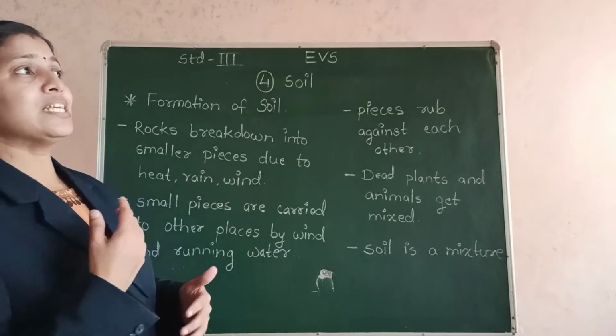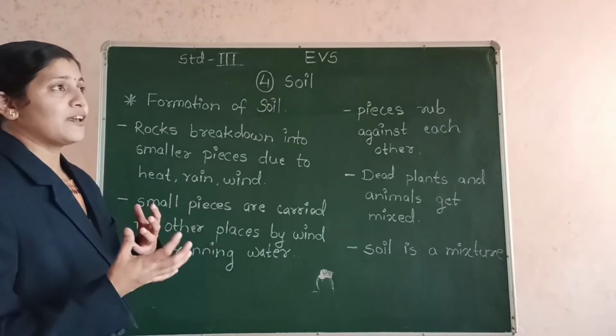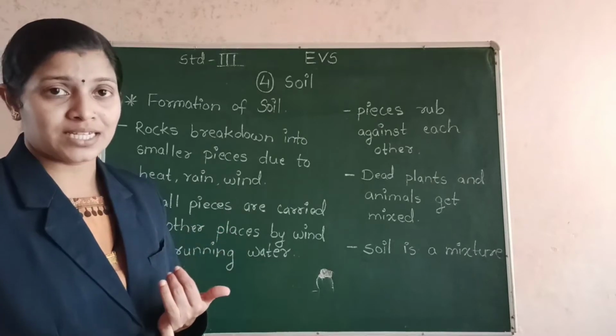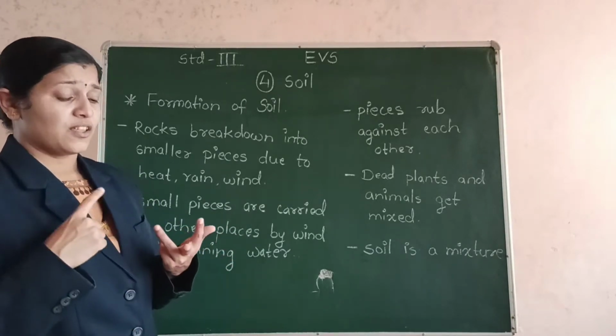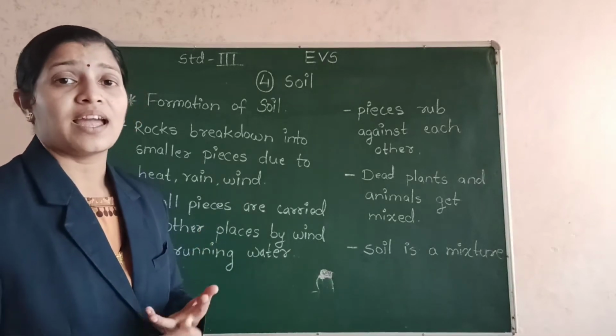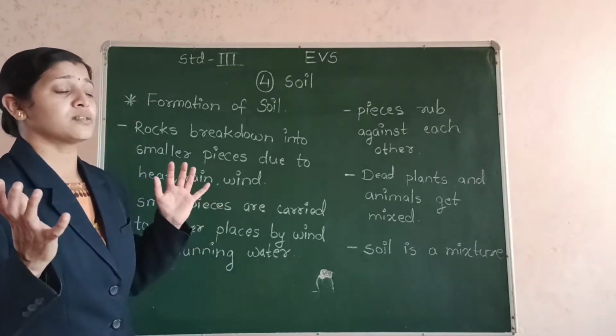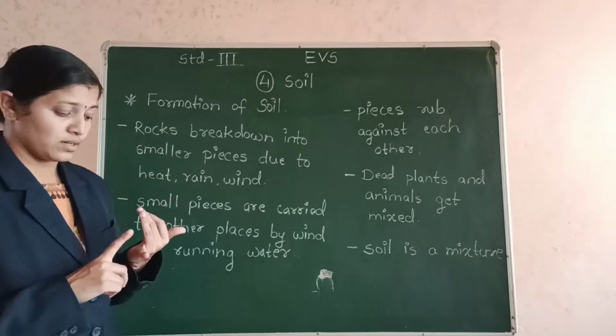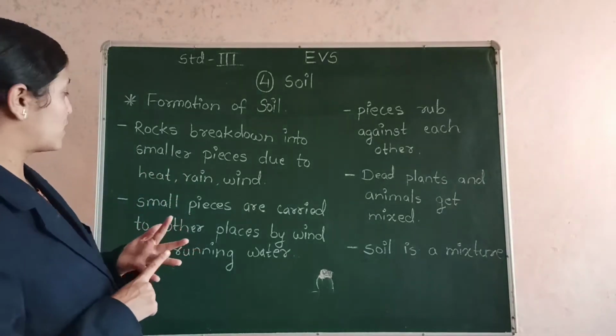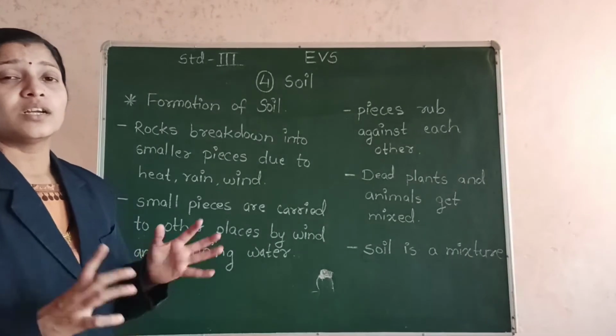These huge stones face the strong heat of the sun, the heavy winds, the heavy rains, and continuous heating and cooling because of the sun's temperature, the rains and the winds.